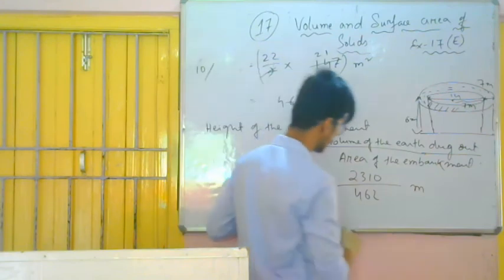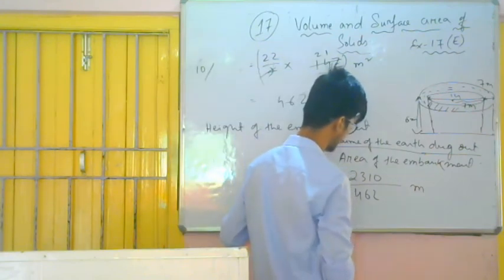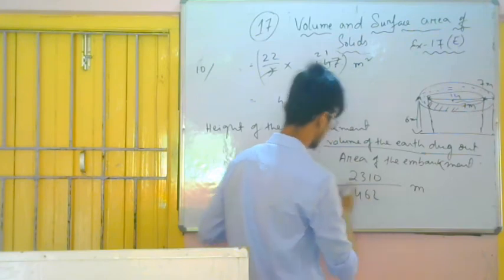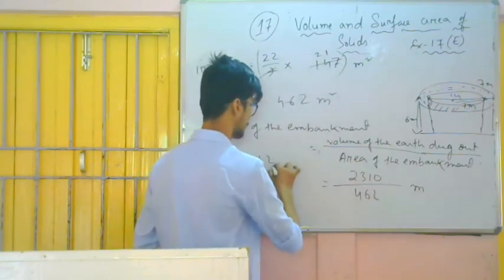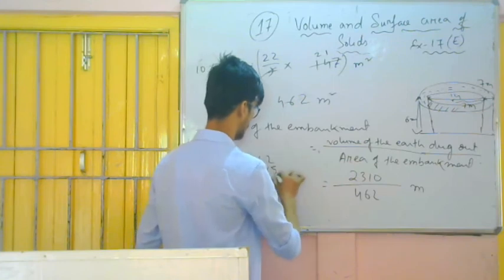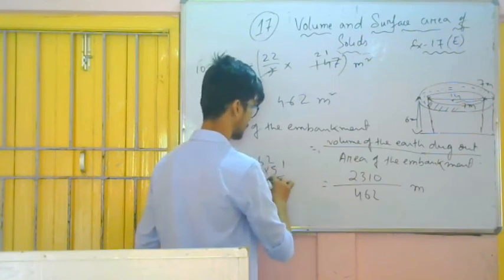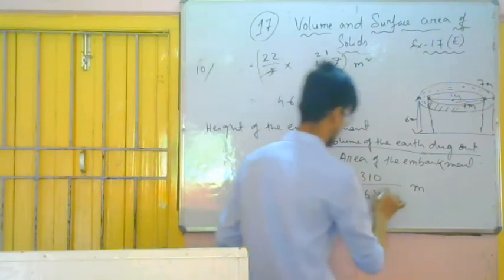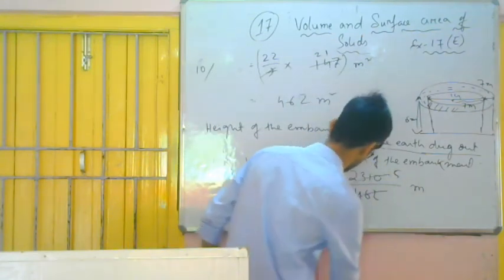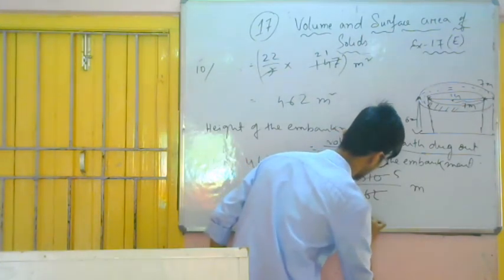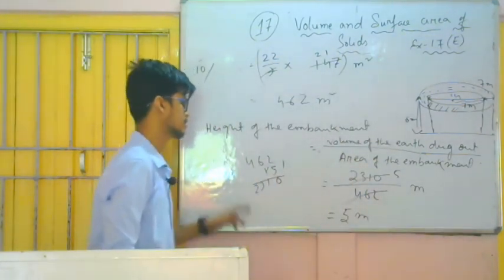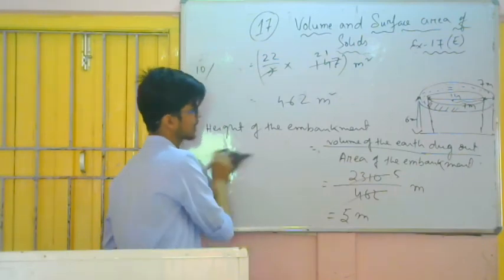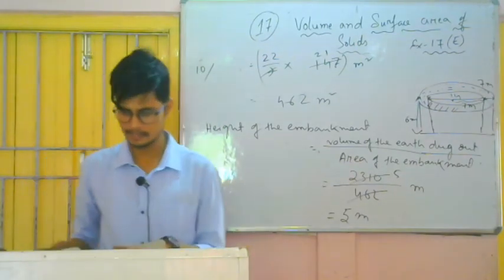If I cancel it, 462 5s are 2310. So the answer will be 5 meter. So the height of the embankment is 5 meters.